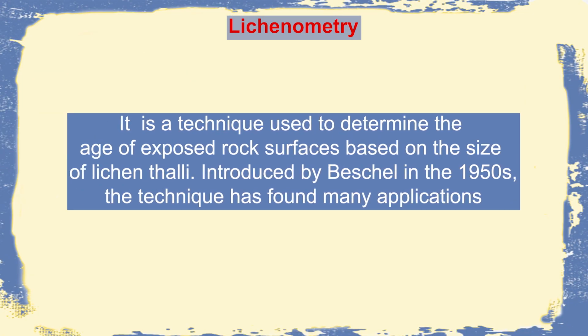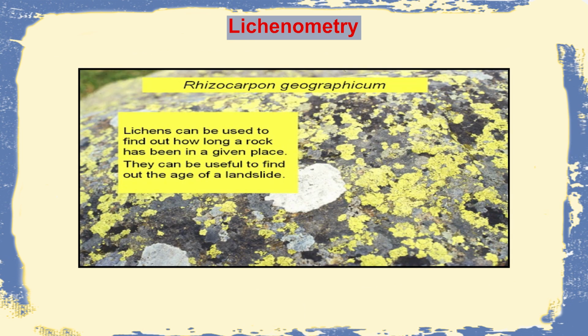A very interesting property of lichen is lichenometry. It is a technique used to determine the age of an exposed rock surface based on the size of the lichen thalli. Beschel in 1950 discovered this technique, and it is very useful, as the age of the lichen determines the age of the rock, and it is used in paleontology or geomorphology.